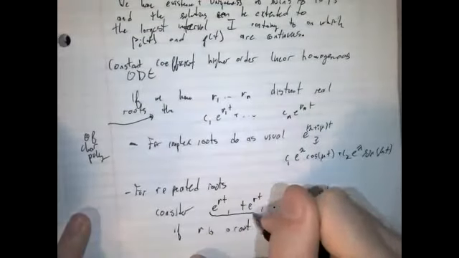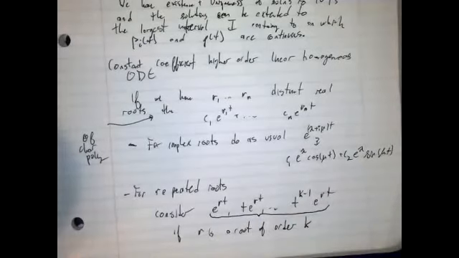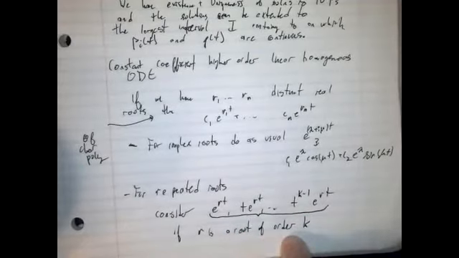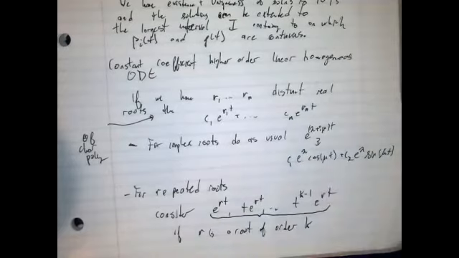So here we have k linearly independent distinct solutions to the differential equation if the characteristic polynomial has a root of order k. Right? Is this all right?